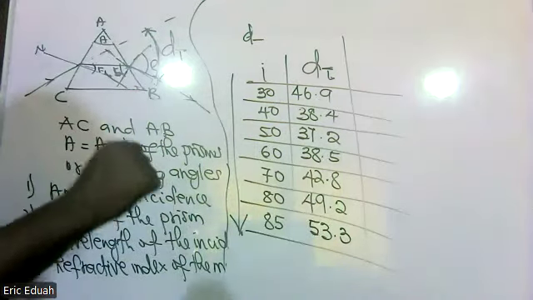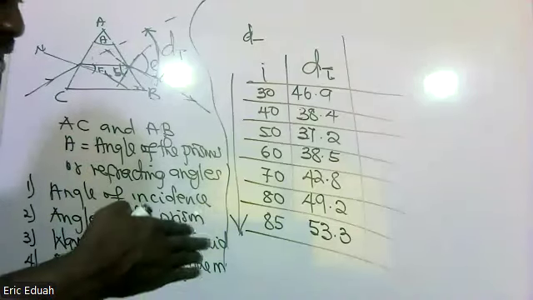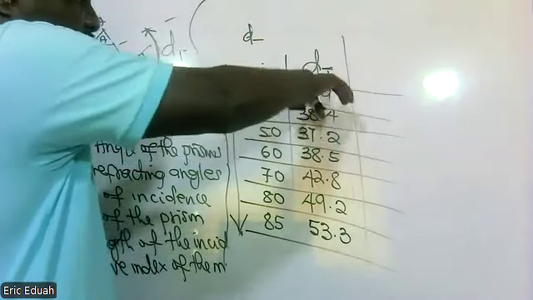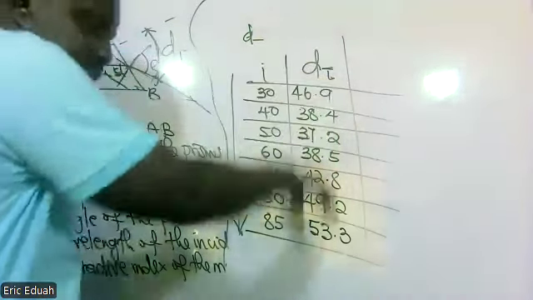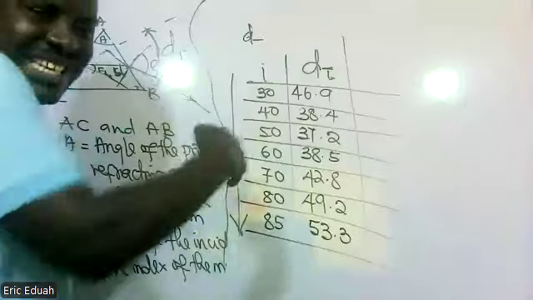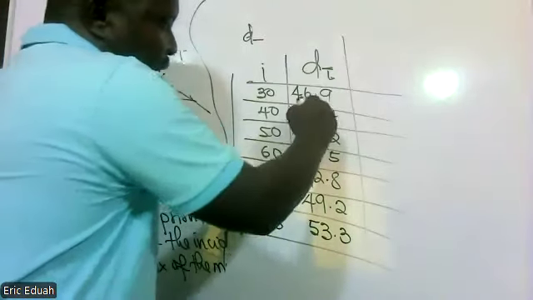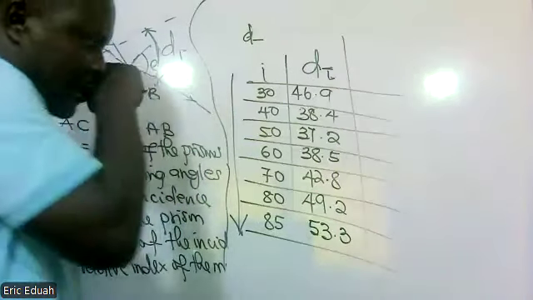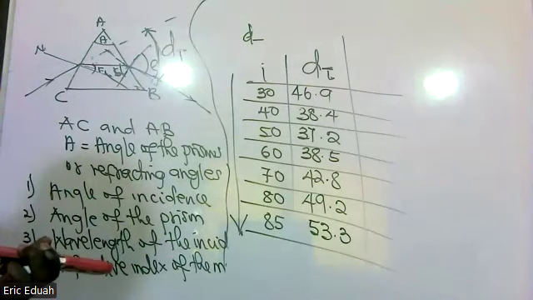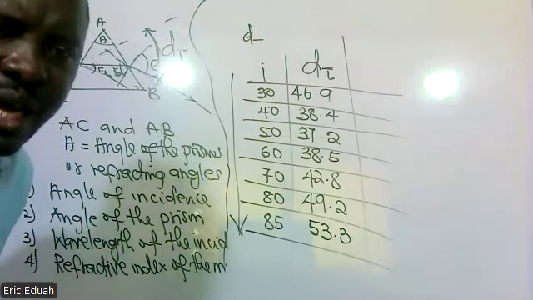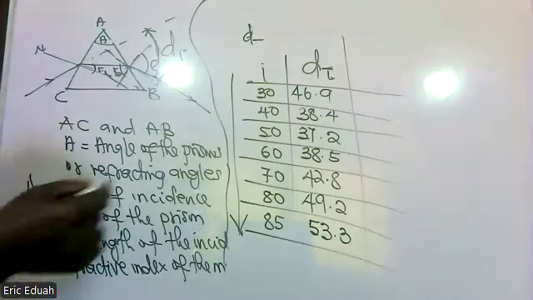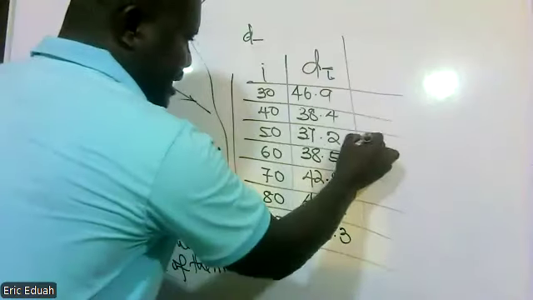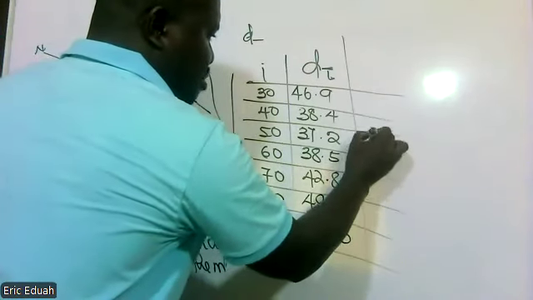But it would decrease to a particular point, and from there, instead of dt continuing to decrease, even whilst I is increased, dt will cease to decrease, but rather begin to increase. So we'll get to a point where we have the minimum or the least deviation. And clearly, if we look at the data we have, this is giving us the minimum deviation.